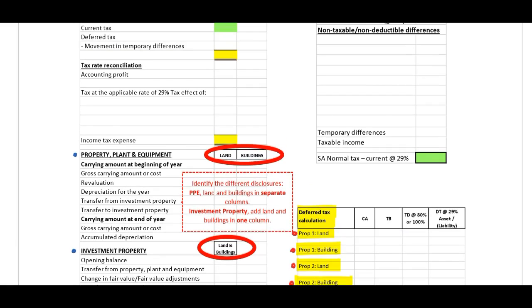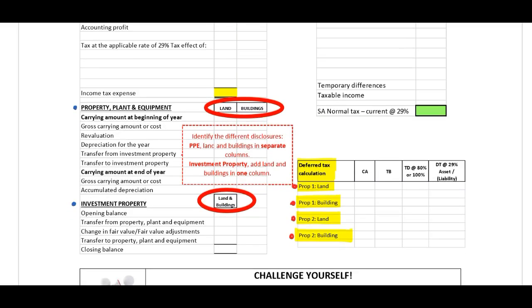Then before we move on to step number 3, I want to highlight something to you. If you compare the notes of property, plant and equipment with investment property, and you look at your columns, in terms of IAS 16, we need to split our assets: land, buildings, all of the different categories. In terms of investment properties, we add our land and buildings in one column. Do you see this?